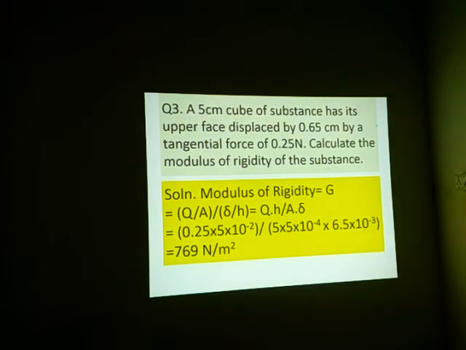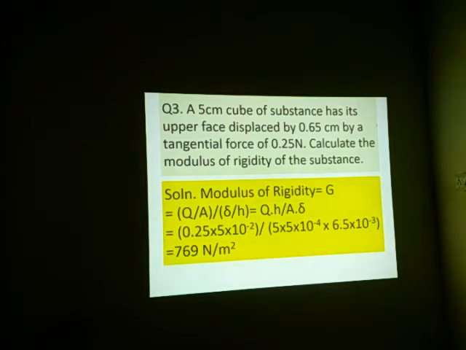So to further understand this, if we take a numerical, suppose a 5 centimeter cube of substance and its upper face displaced by 0.65 centimeter by a tangential force of 0.25 Newton. The tangential means the force is applied parallel to the surface. Calculate the modulus of rigidity of the substance.